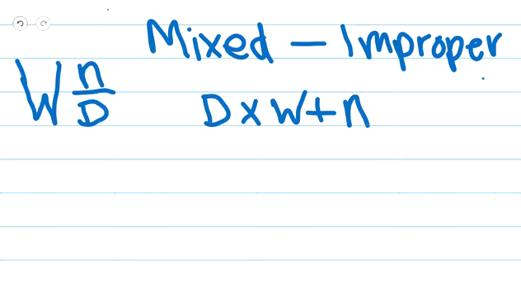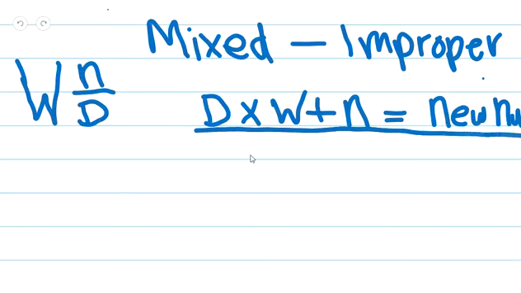So denominator multiplied by the whole number plus the numerator gives us the new numerator. There's our little formula. The denominator stays the same, so just remember that.